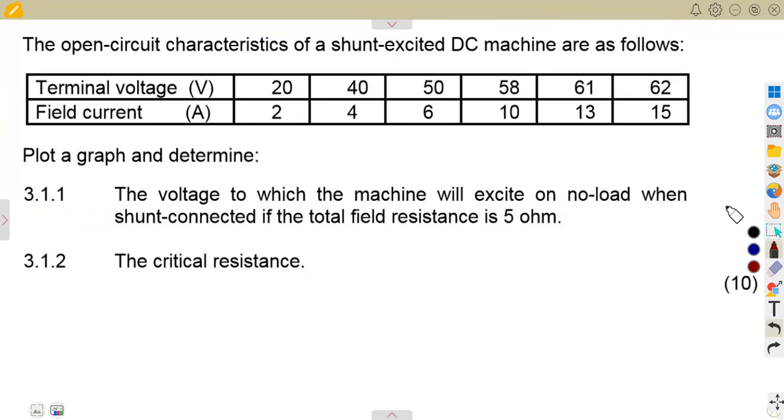In almost every question paper that you have, this part is there. Not every time, maybe they skip one trimester or another. So you need to understand the basics or the properties that we are going to have on the open circuit characteristics.